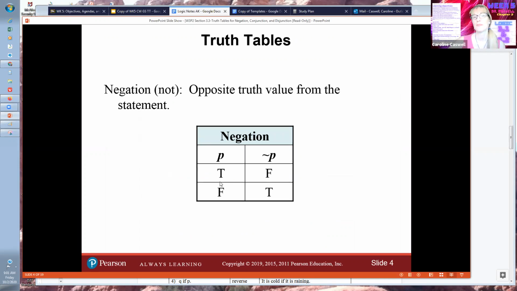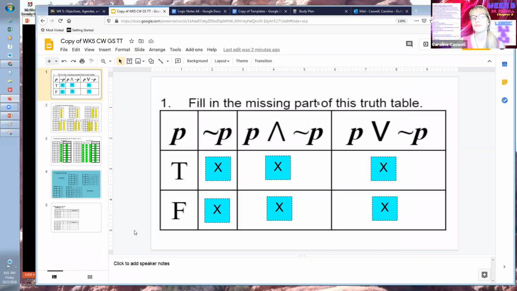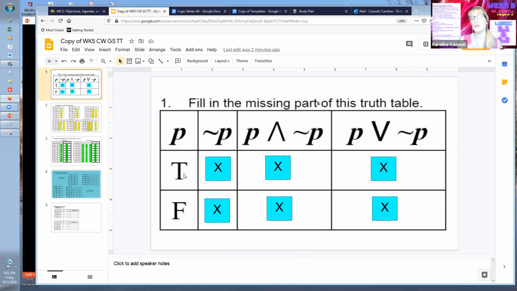So the first thing we're going to do is go over to our truth tables, and we're going to do number 1. What you need to understand is you have 2 choices. In order to be a statement, it's either true or it's false. We don't always know which. Sometimes you do, and then you can move quickly, and sometimes you don't, and you have to figure it out.